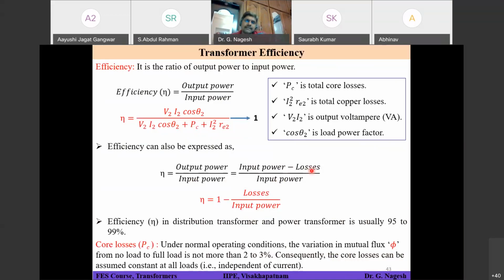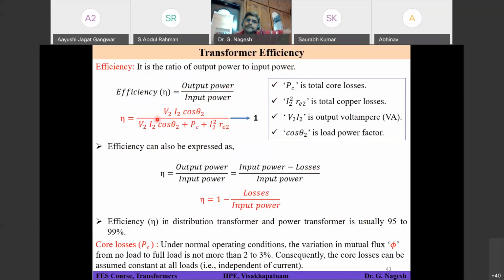Once you have conducted these two tests on your transformer, you can calculate the transformer efficiency before you connect it into your system. How to calculate that efficiency? Efficiency is generally given as the ratio of output power to input power. So that is the general definition.